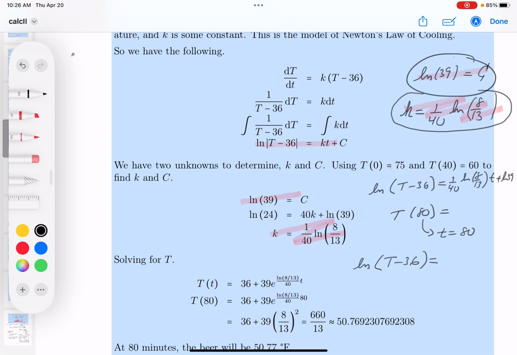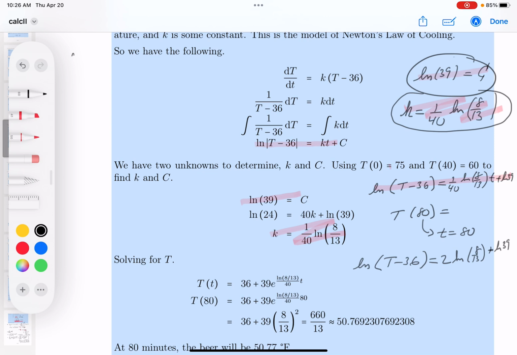So the T is 80. So what are you going to get? You can get 2. By the way, I'm plugging it in here. I get 2 because 80 divided by 40 is 2. The natural log of 8/13. I'm not minus, but plus the natural log of 39.